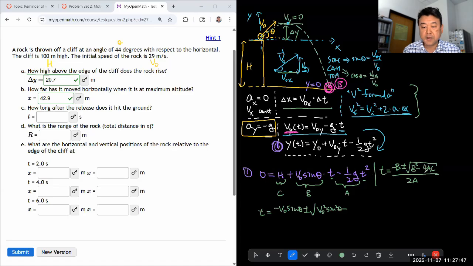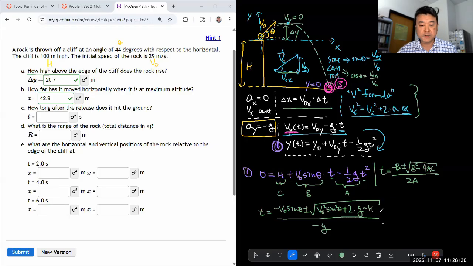So the 4 will cancel out a portion, 1/2. So it's minus 2 times a g. Oh, and minus times minus, it's plus 2 g h, square root of the whole thing, divided by 2a. So that's going to be minus 2 cancels 1/2, so g. And you could simplify it here, but it doesn't really simplify.